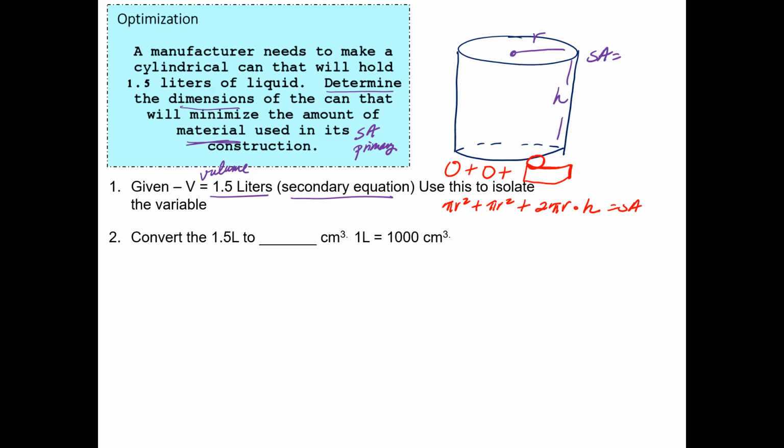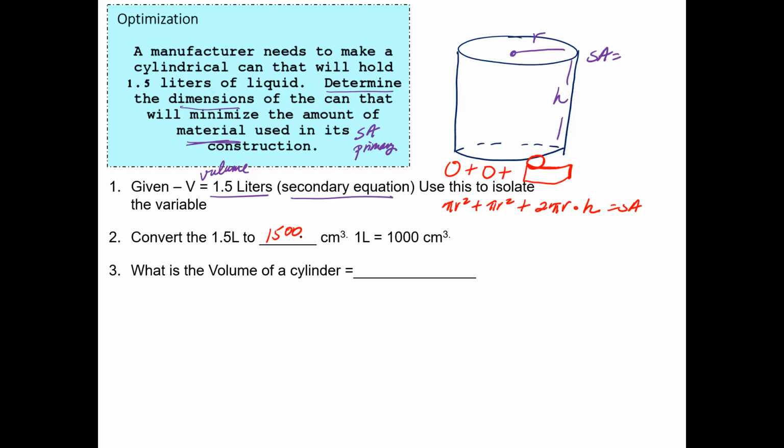Second step, you want to convert the 1.5 liters to centimeters cubed, because if you're going to deal with the volume, you need to convert it over to centimeters cubed. Looking at this, 1 liter equals 1,000 centimeters cubed, so 1.5 liters equals 1,500. Third step, what is the volume of the cylinder?